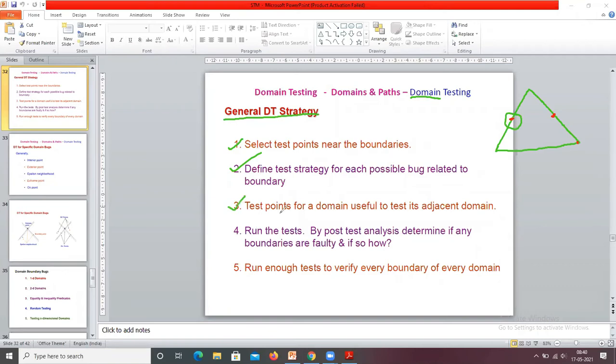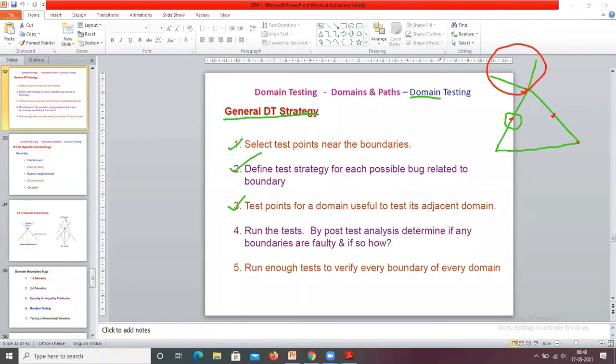And the next one is test points for a domain useful to its adjacent domain. For example, this is another domain. Now the test points for a domain are useful to its adjacent domain.